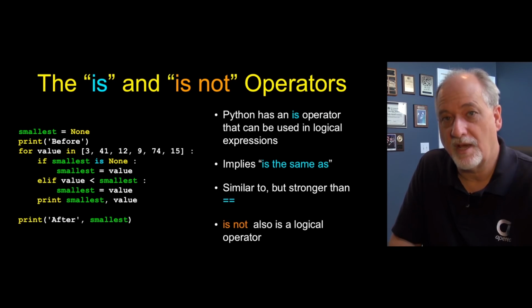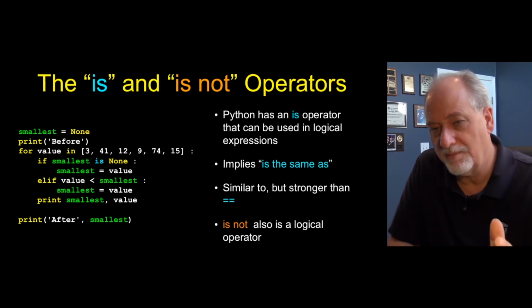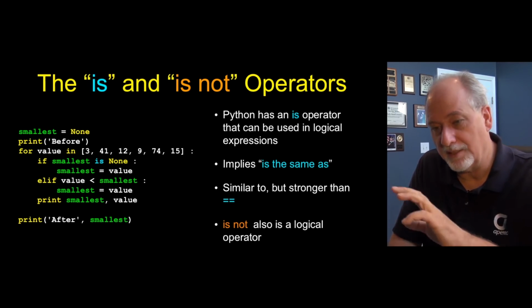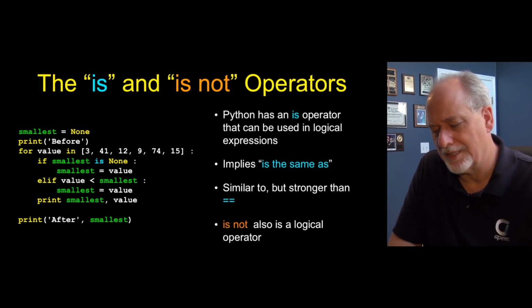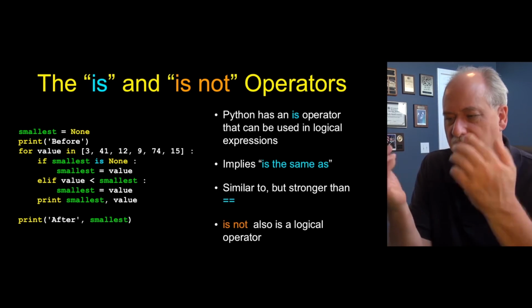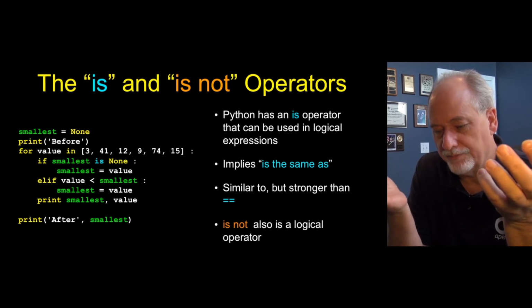So the is and is not operators are very useful in Python. You can think of them as like the double equal sign. They're asking a question, and they return a true or a false. It is stronger. Double equal says, are these things equal in value?